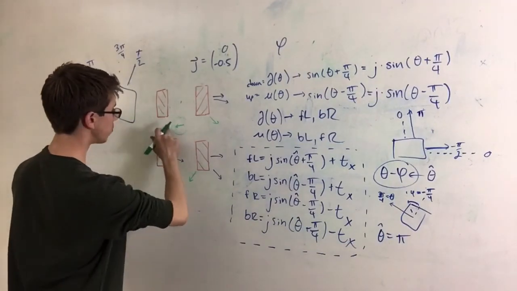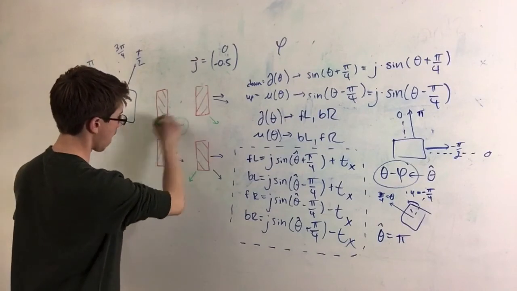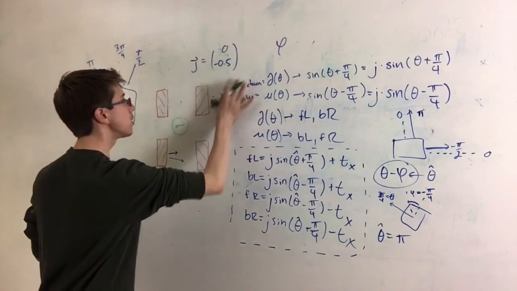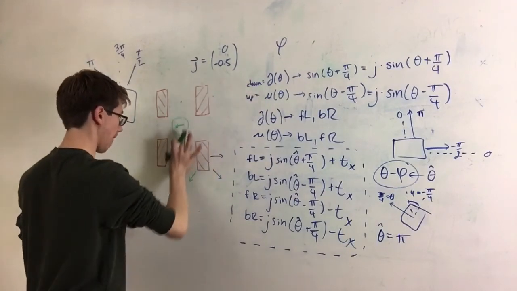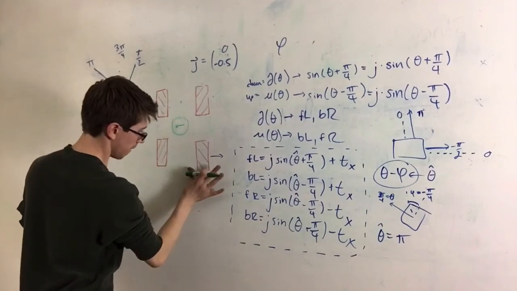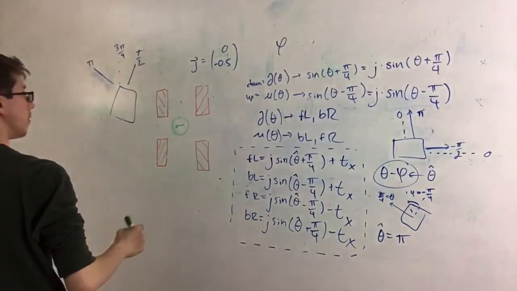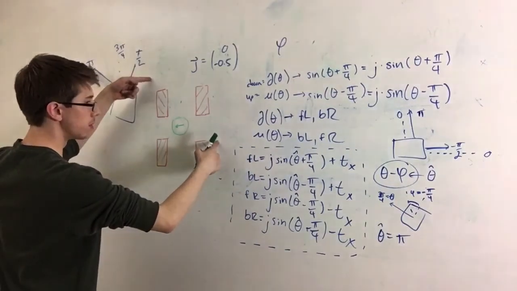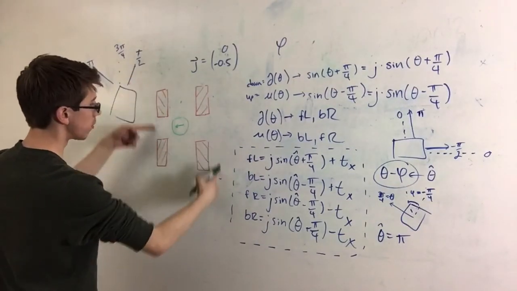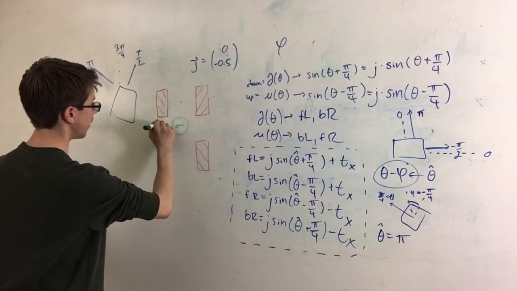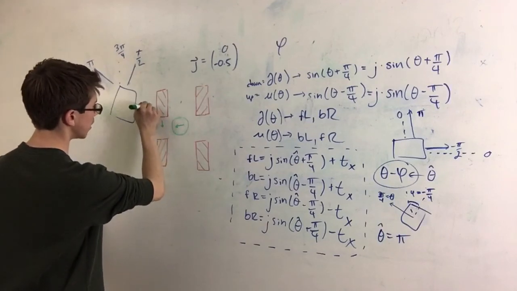We want it to move in the direction of pi. Okay, this is the direction we want it to move. So let's see what direction it actually is moving. Well, these two are moving down, which means that this is the direction.